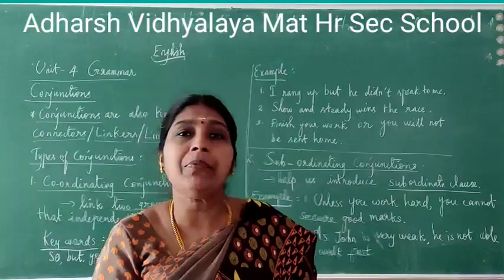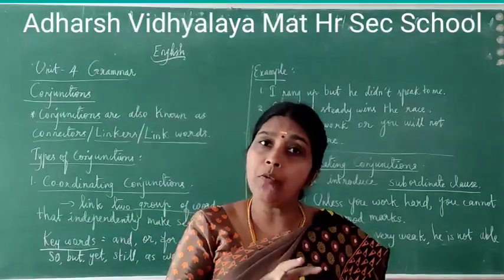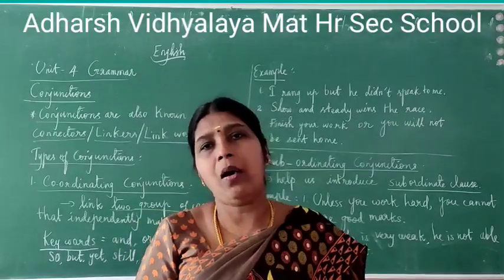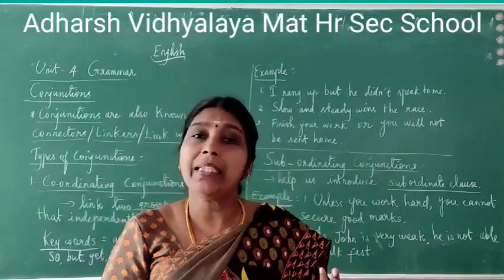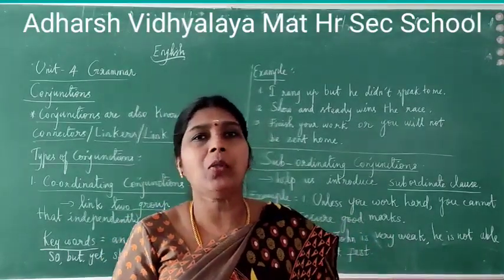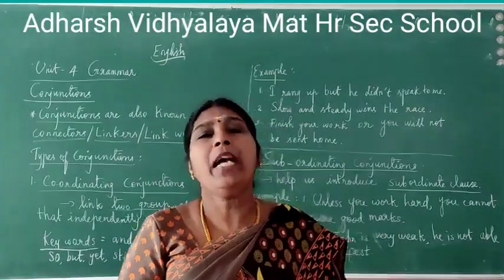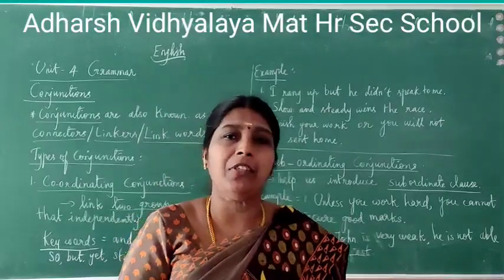What are the words we have to use to join two words or two sentences? And, but, or, like that as, since, even though, although, unless, if, so many words. So how do we identify those words?